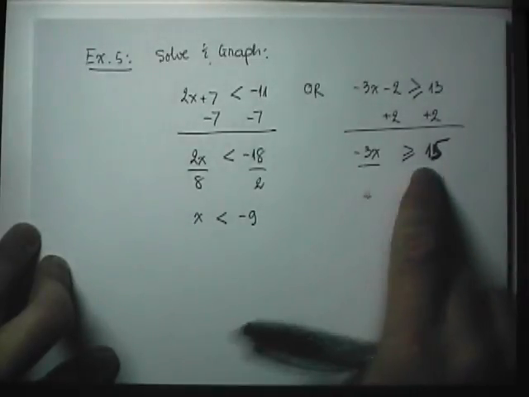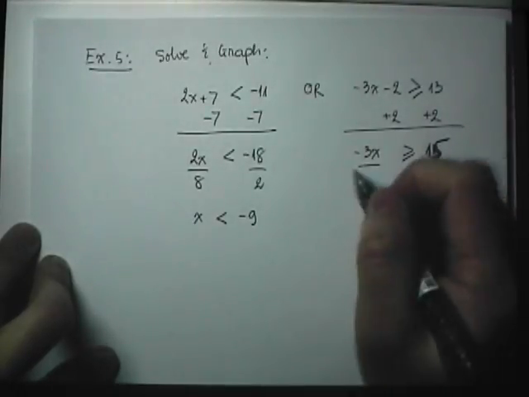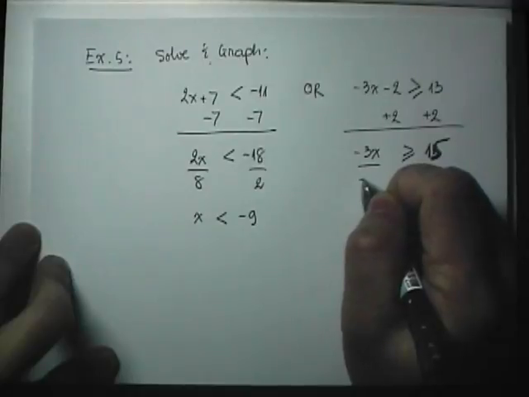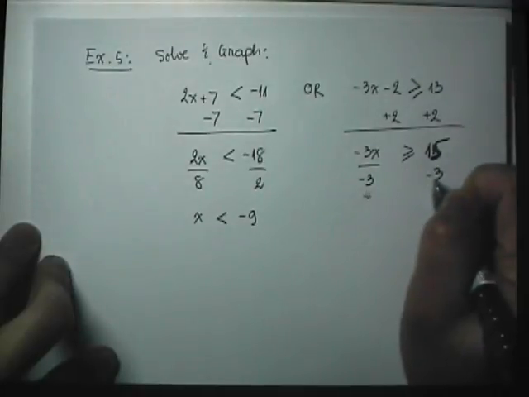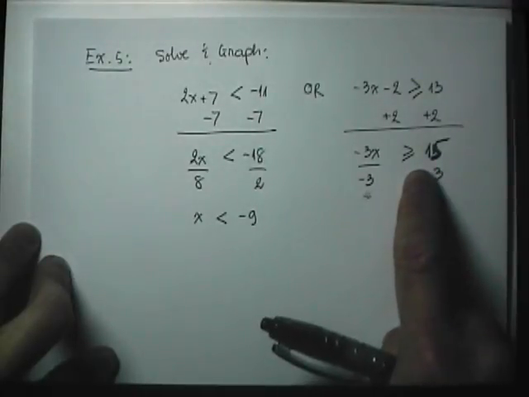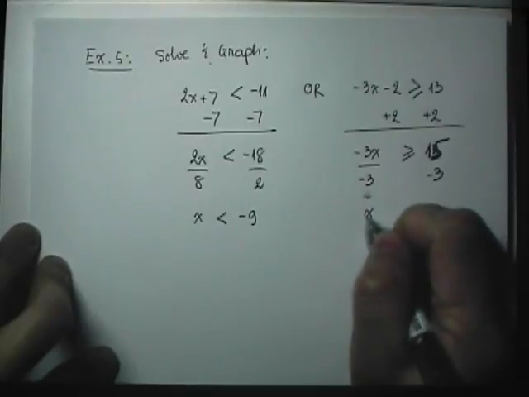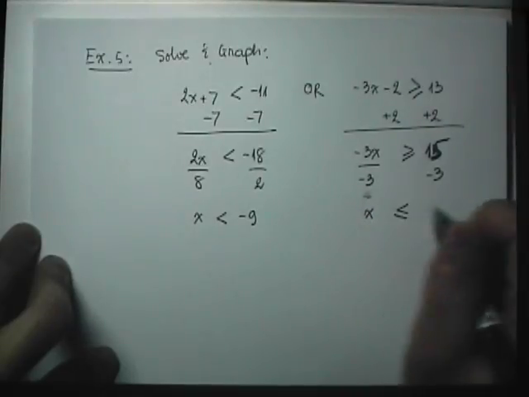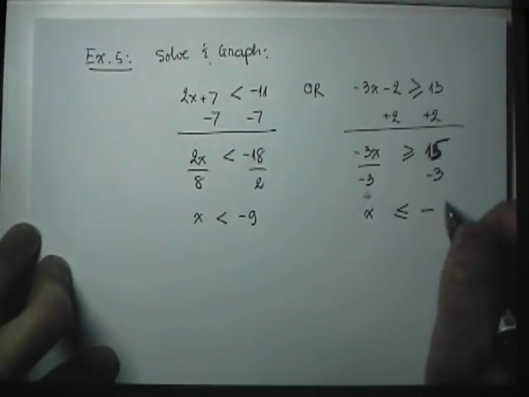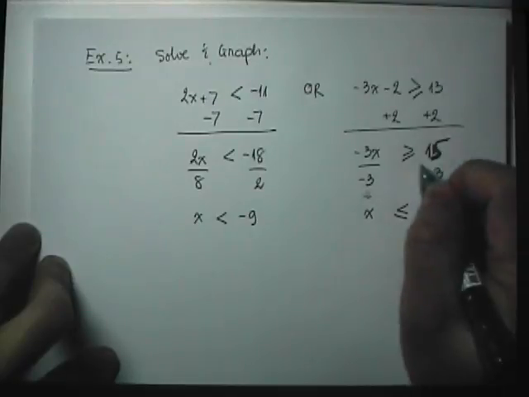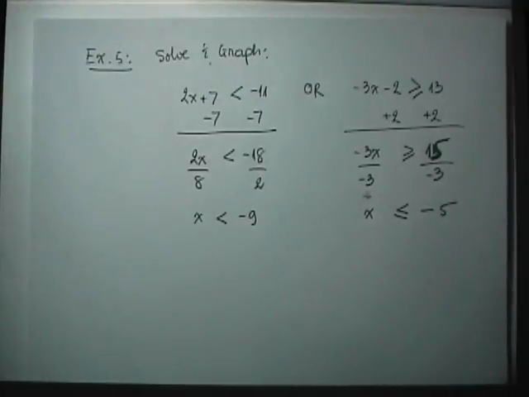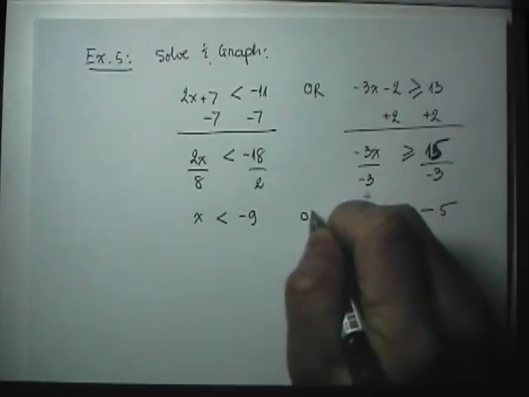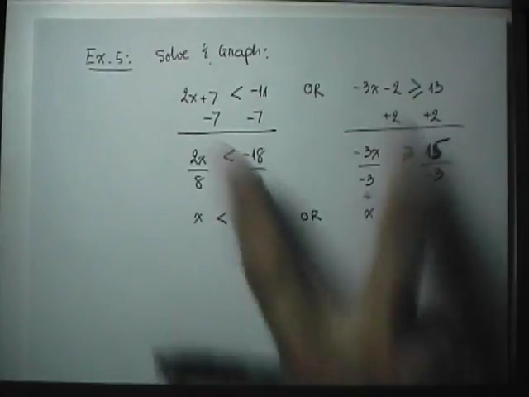So negative 3x greater than or equal to positive 15, dividing both sides by negative 3 this time. And watch out, there's going to be an inequality change here. So we actually have x less than or equal to negative 5. Right? And so the final inequality here is indicating the solution that works for that system.